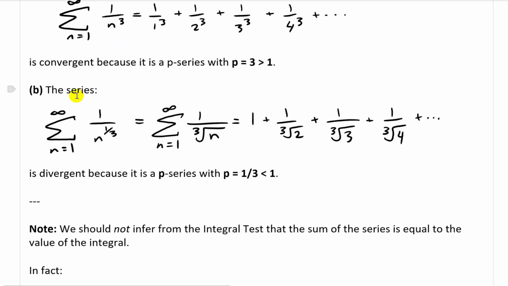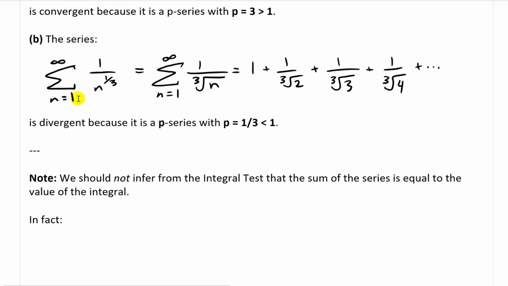But over here, the series, summation from n equals 1 to infinity of 1 over n to the power of 1 over 3. This 1 over 3 is less than 1, so that's obviously divergent.